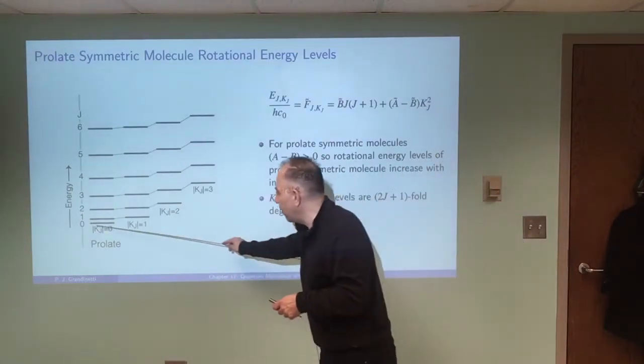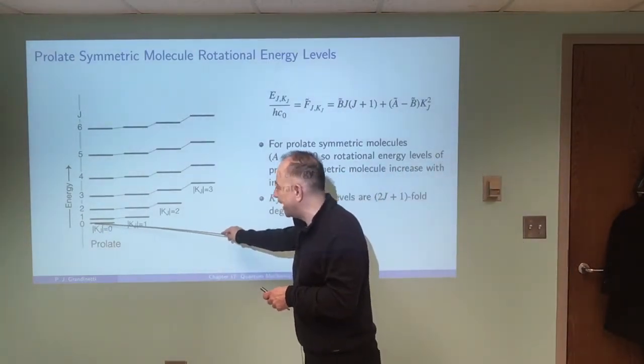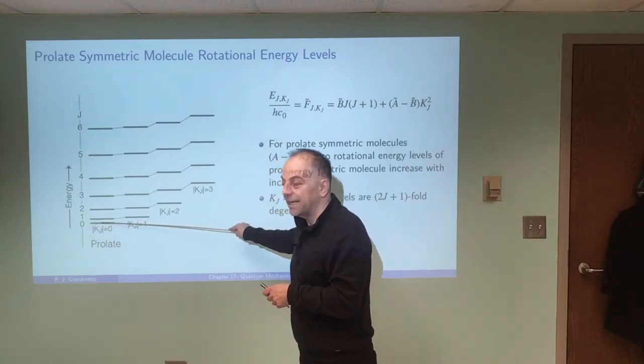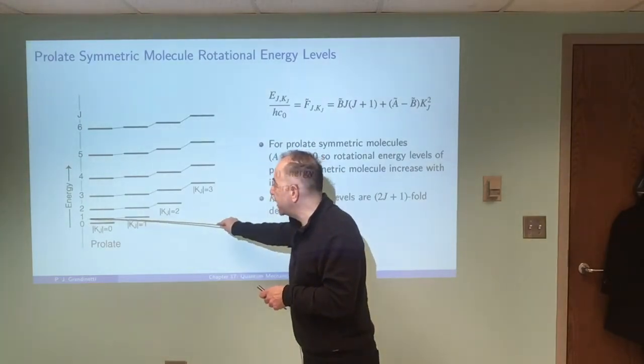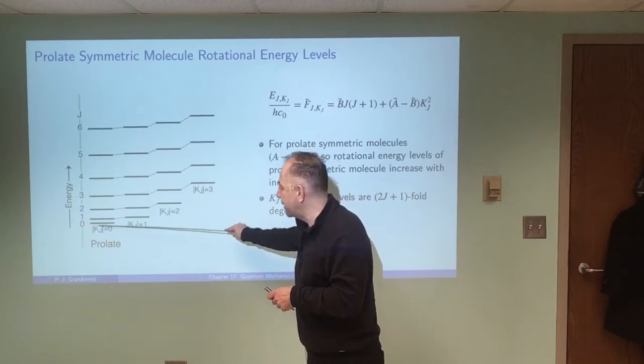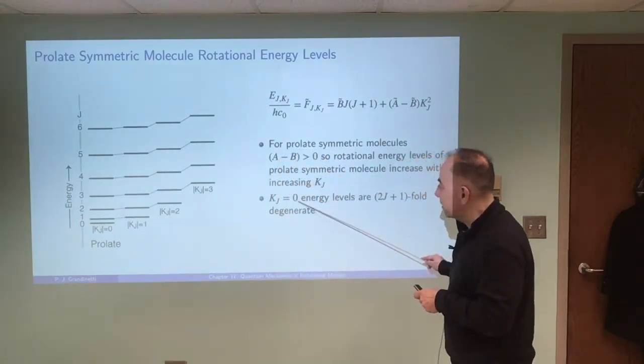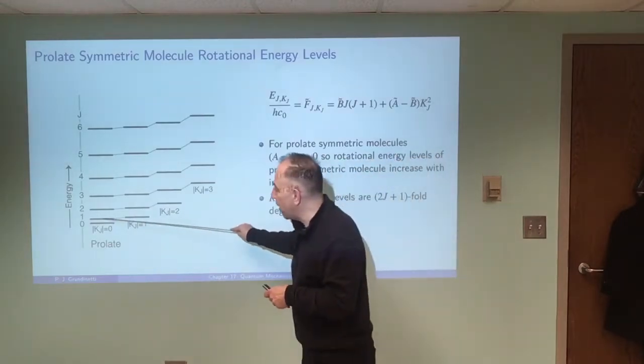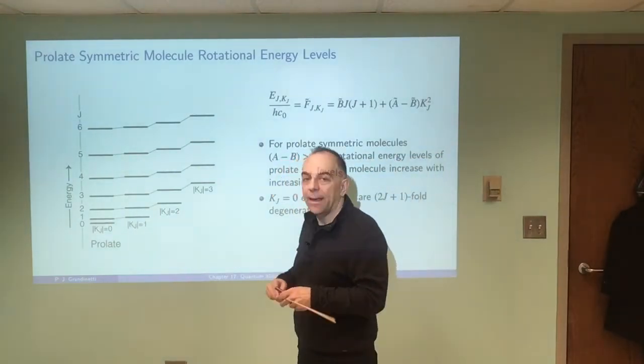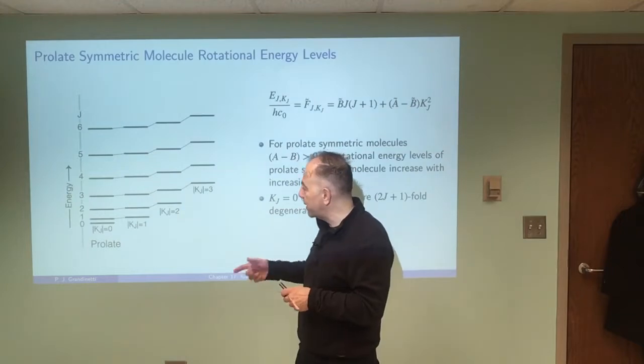So this one will have just m sub j of 0 and Kj of 0. So that one will be singly degenerate. But for j equals 1, with Kj equals 0, we'll have 3 possible values for m sub j of minus 1, 0, and plus 1.